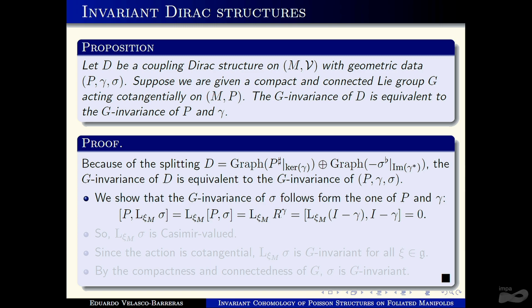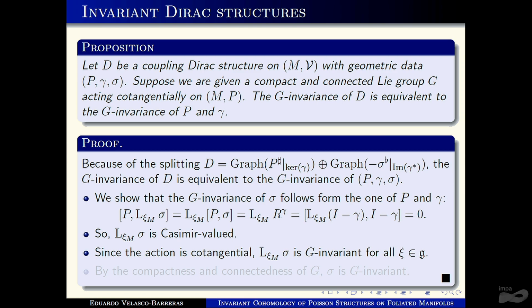Here we just need to apply the G-invariance of P and the Jacobi identity, then the curvature identity, then again the description of the curvature in this manner and the Jacobi identity, and the G-invariance of gamma. So here we have shown that this element is Casimir valued, and since the action is cotangential, the fact that this is Casimir valued implies that this element is G-invariant.